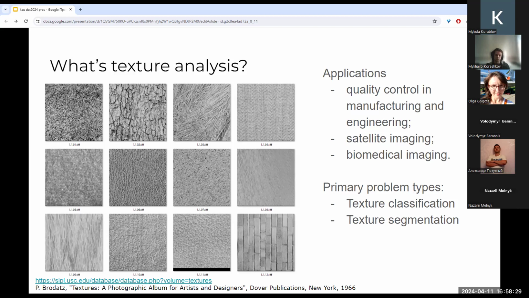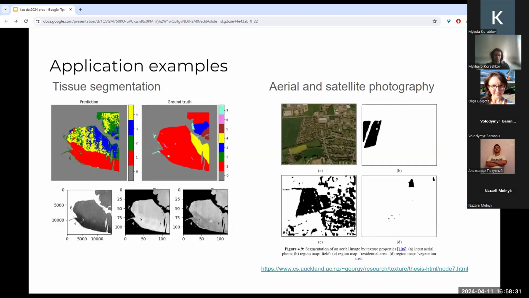But a concrete application example is our project where we segmented tissue in biological images. Another, historically, as far as I know one of the first applications, is segmentation of aerial and satellite photography.